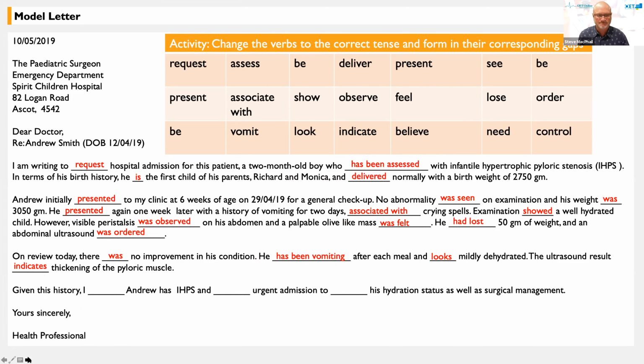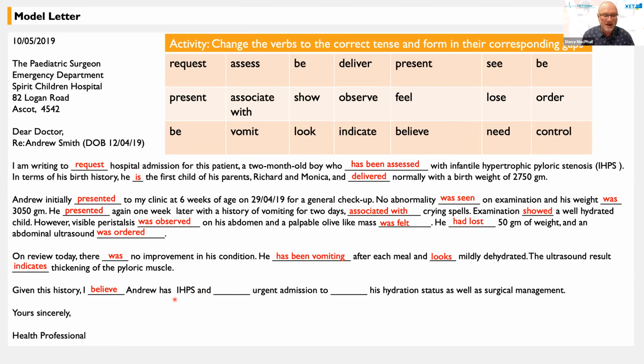I'll put here, I believe Andrew has IHPS and something. So this is about Andrew. I believe Andrew has IHPS and, so Andrew's something. We've got here need. Can you fill this gap?